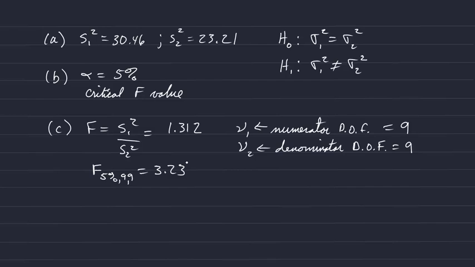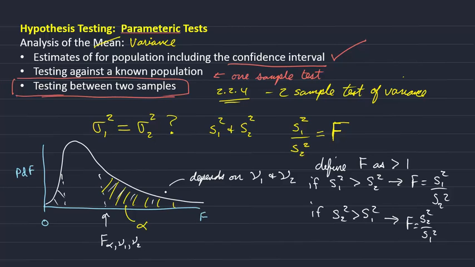What we find is that our calculated value of F is less than 3.23. So the ratio is not in the right-hand tail, it's in the left-hand region.